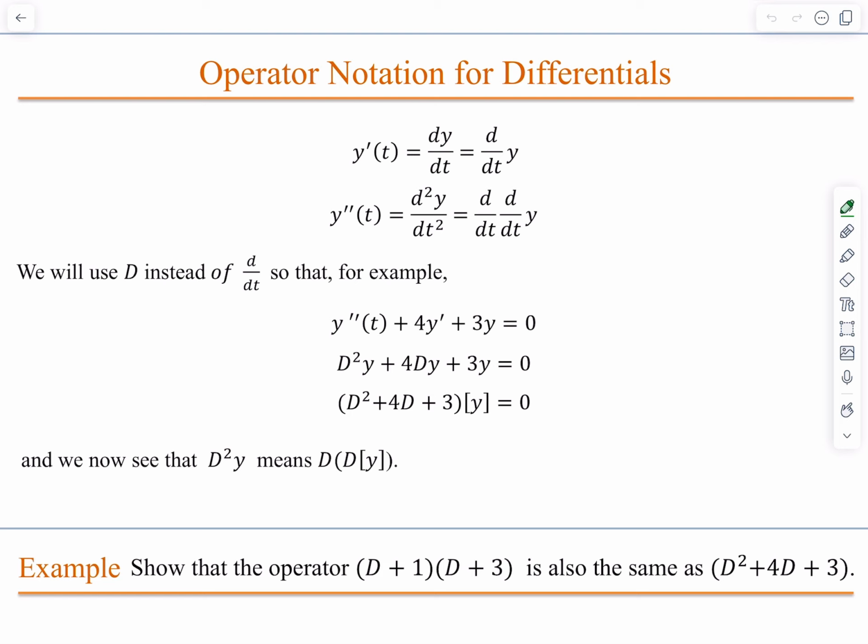y prime of t equals dy dt equals the derivative with respect to t of y. And also y double prime of t means the second derivative of y with respect to t, and of course the derivative with respect to t of the derivative with respect to t of y. So we're pretty comfortable with this notation, okay?